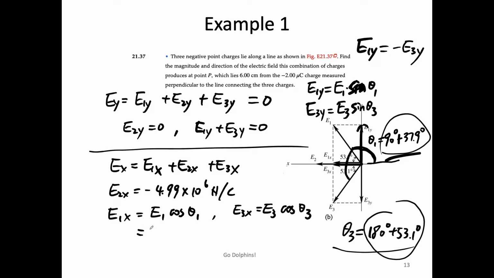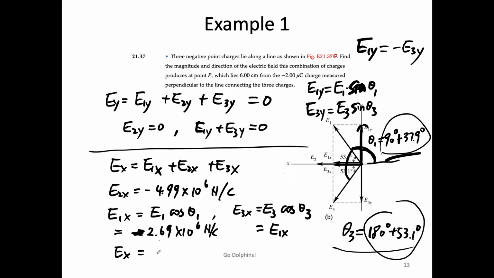Its magnitude actually is 2.69 × 10^6 newtons per coulomb. And this one, you will find, equals E1x, equals this number. You put everything together, you find Ex. Of course, E1x is negative.